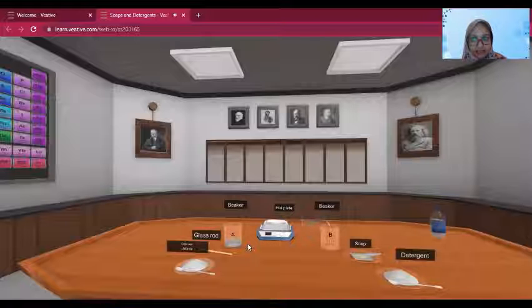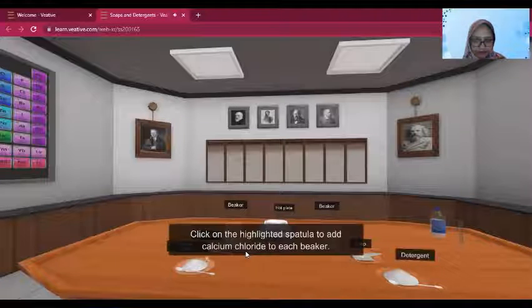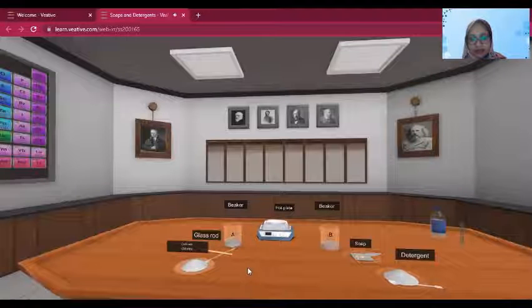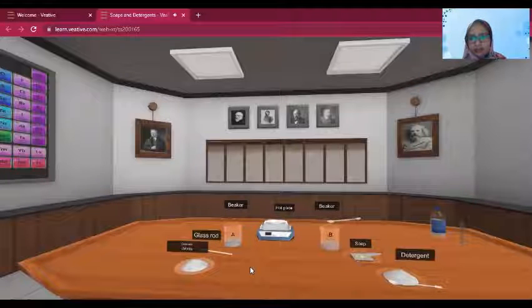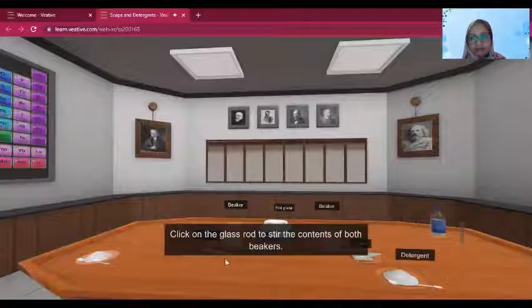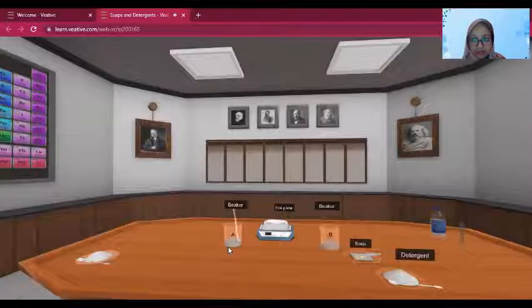Okay, 50 cm cube each in beaker A and beaker B. So we're going to add calcium chloride to make the hard water. Hard water is usually available like well water, air telaga, or water from the river. They contain calcium ions and magnesium ions.